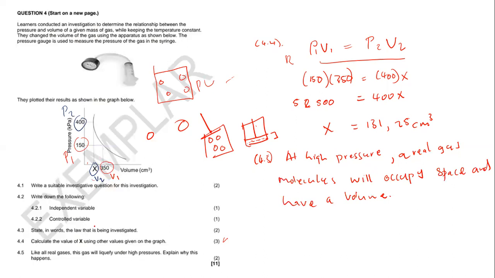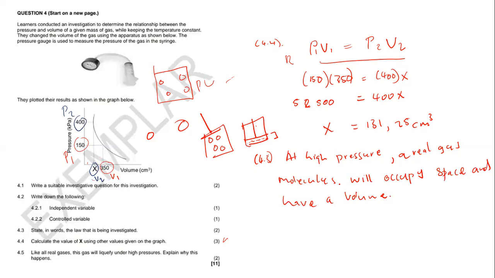Remember what I said to you? I said the real gases have volume, they have interaction, they have intermolecular force. But the perfect gas, they don't have those things because they are perfect gases.